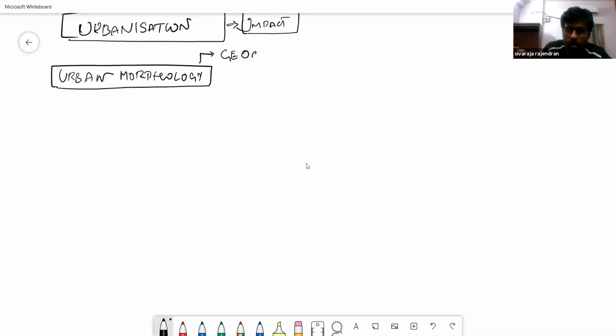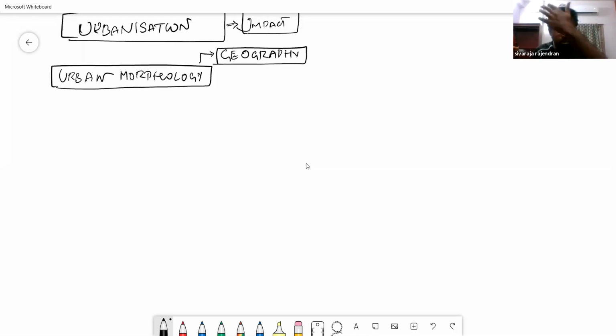That is, the geography option has this as a syllabus. Urban morphology is a geography topic, but they have many theories. In geography I think 3 or 4 theories are there. Very important question in geography, first paper. But what I wanted to give now is the basic morphology.